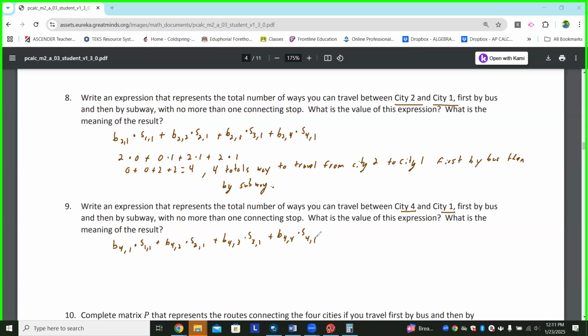The hard part's now going to the matrix and grabbing the correct element. So what's the correct element at 4-1? 0.